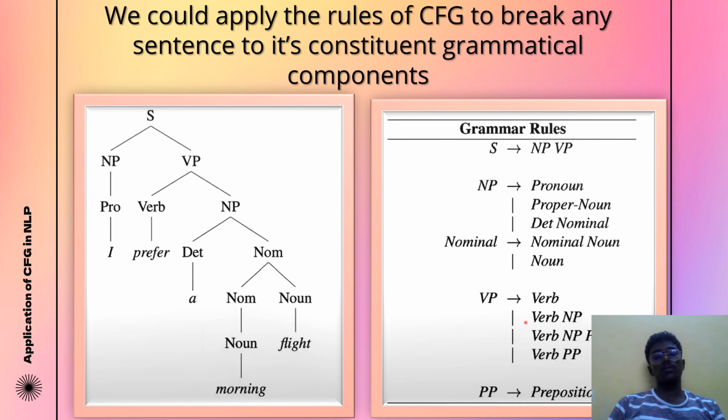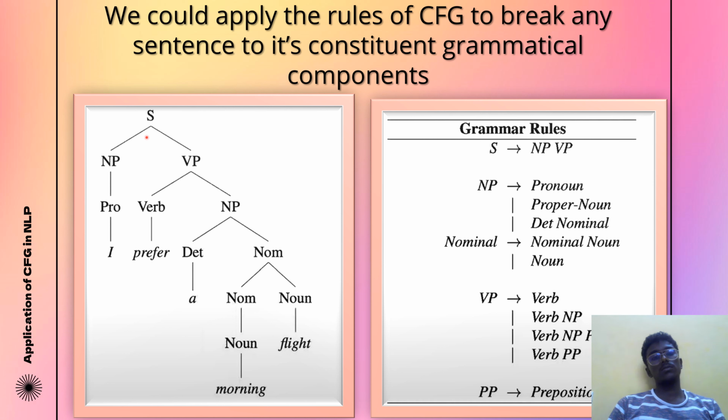And for NP we can further derive it as det and nominal, determiner and nominal. So we'll take the determiner as A, and for nominal we can take another nominal noun, right? So we'll take another nominal noun, and further we'll take nominal as noun the next time. So: I prefer a morning flight.